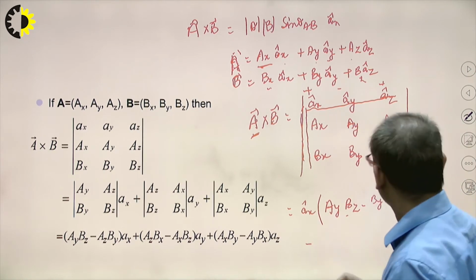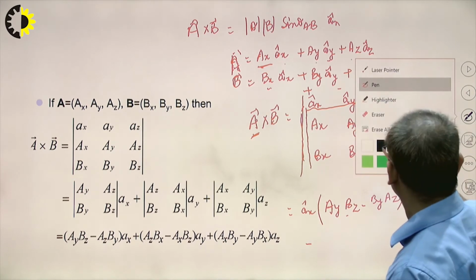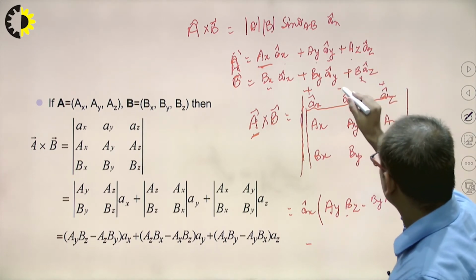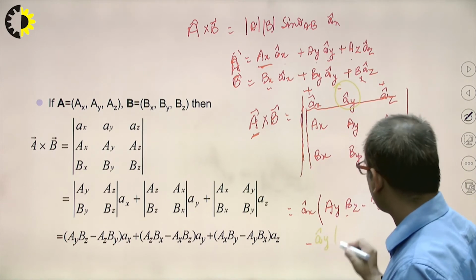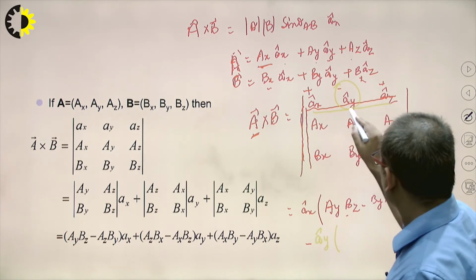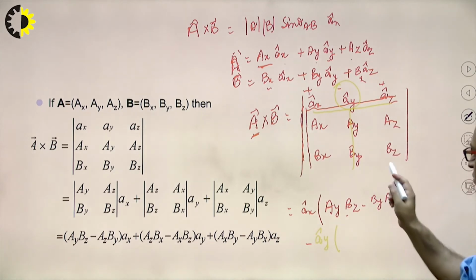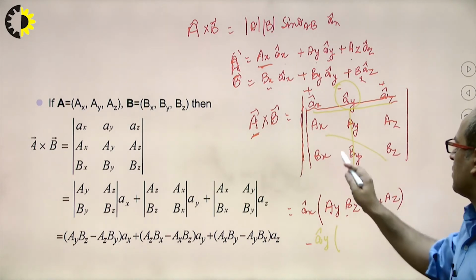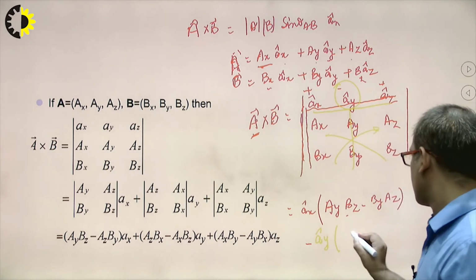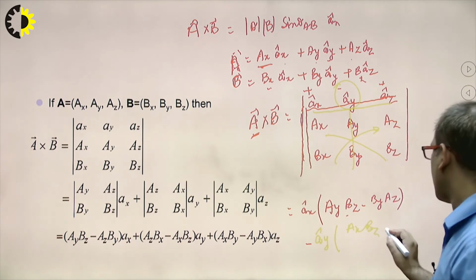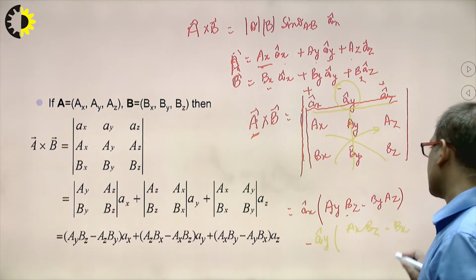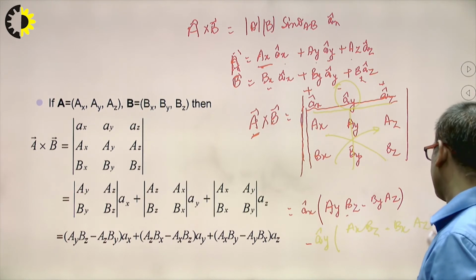Now see minus of a cap y. You will see here, multiply this one: ax bz minus bx az.